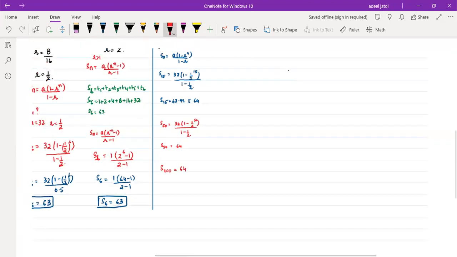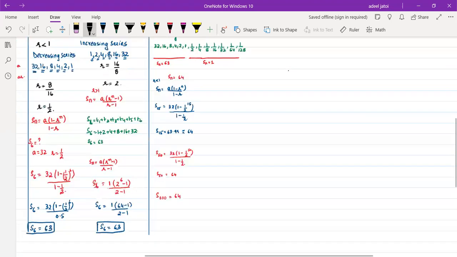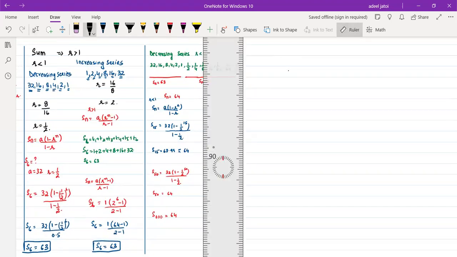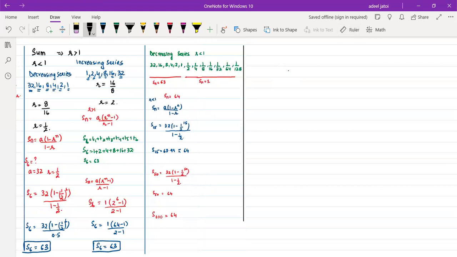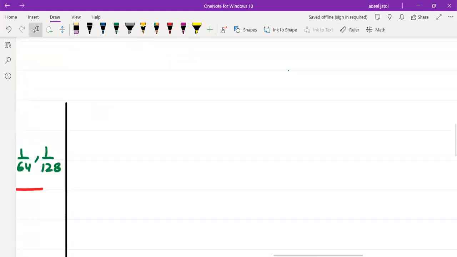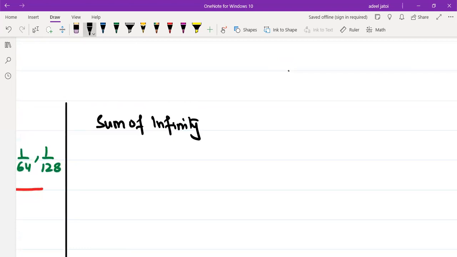Why is this happening? Because in a decreasing series, there's a point where we will have the sum of infinity. This will tell us the maximum limit to the sum in the decreasing series, because there will be a time when your least positive number, multiplied by the ratio, you will end up dividing the same number over and over and over again.